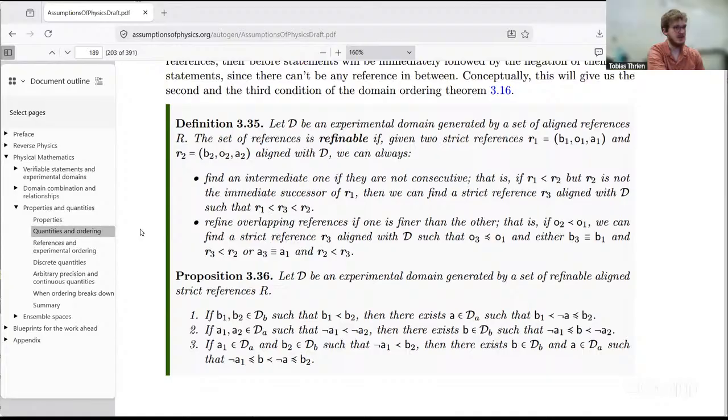That is, if O2 is strictly narrower than O1, we can find a strict reference R3 aligned with D such that O3 is narrower than O1 and either before 3 is equivalent to before 1 and R3 is before R2, or after 3 is equivalent to after 1 and R2 is before R3.